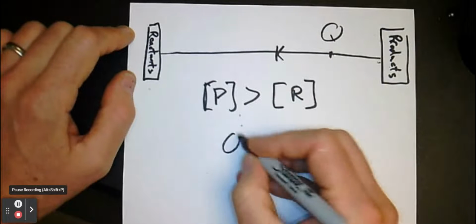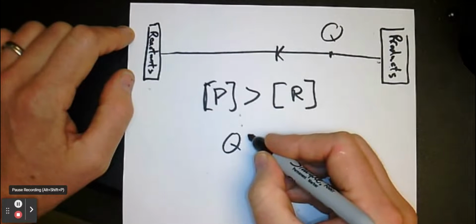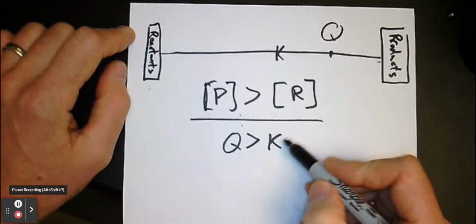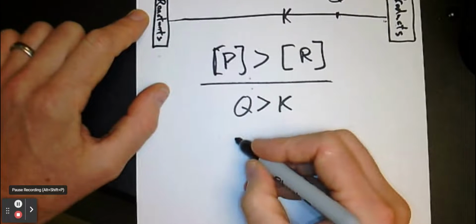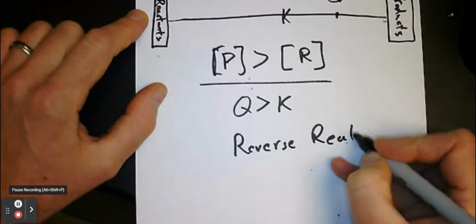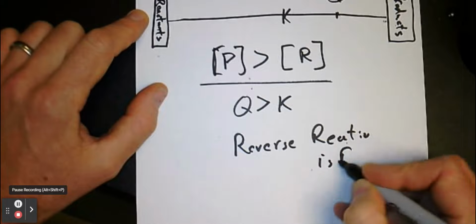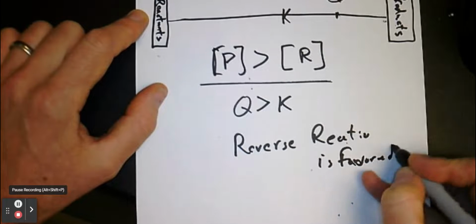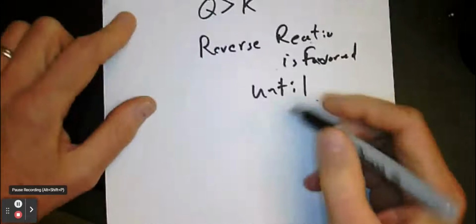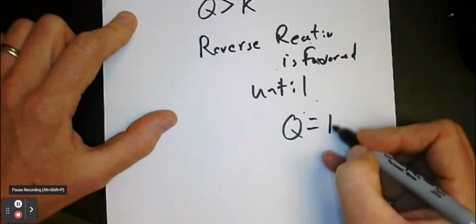However, my Q is greater than K. Regardless of this, this tells you that the reverse reaction is favored until my reaction quotient Q will be equal to K.